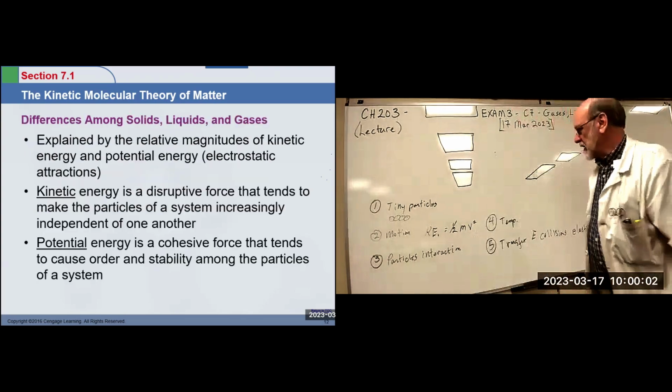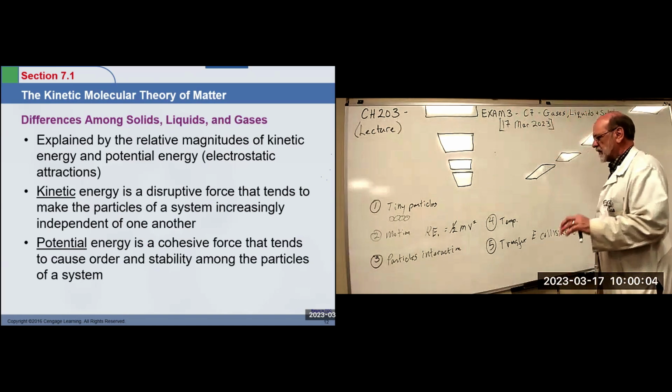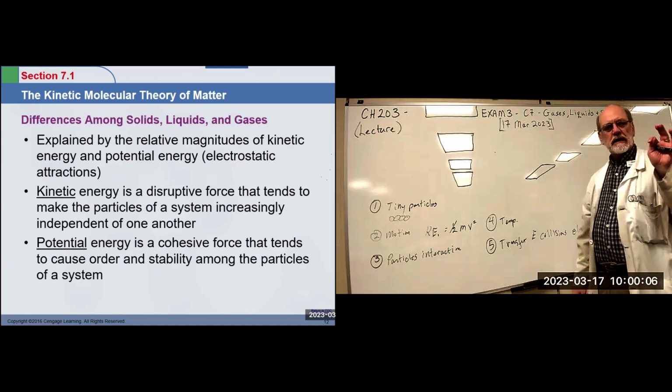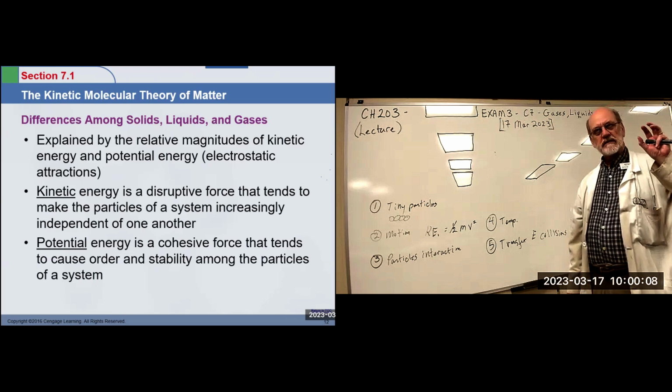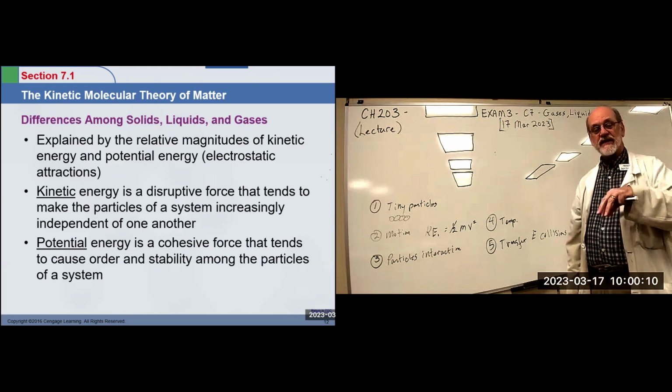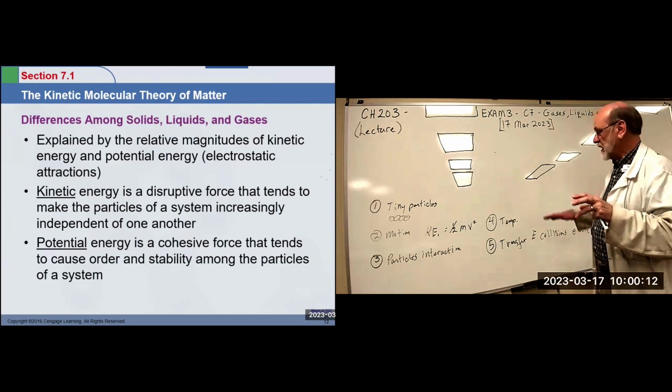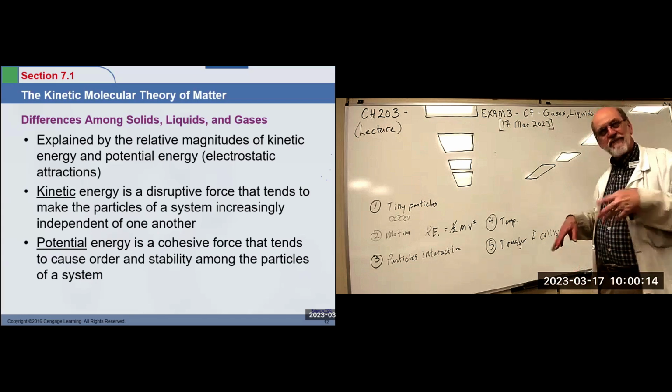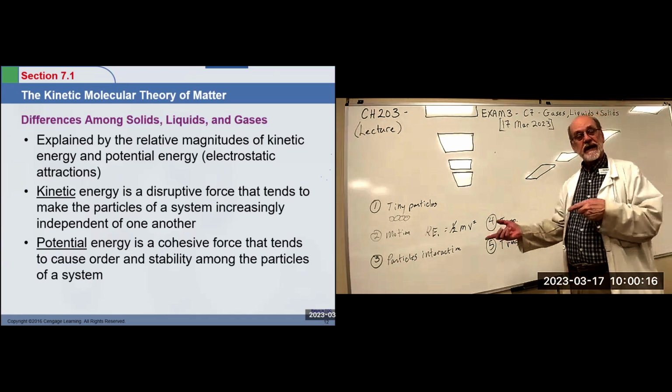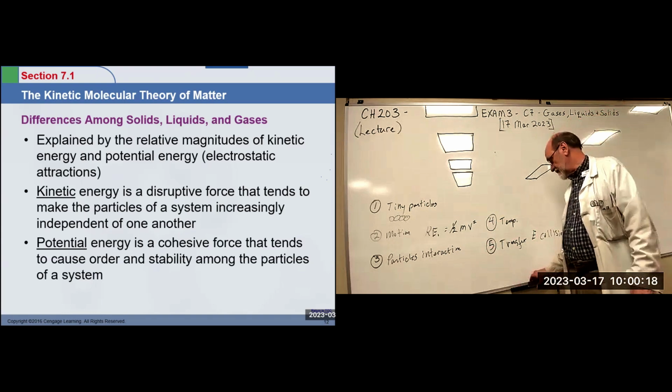All right. So what we're going to try to do is explain the differences among solids, liquids, and gases based upon a battle, so to speak, between kinetic energy and potential energy.